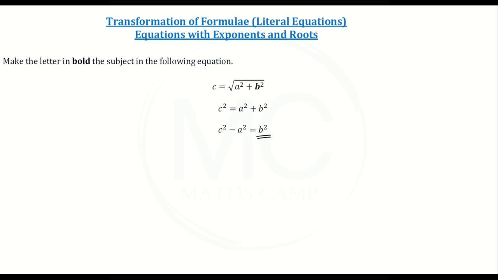So to get b by itself, we're going to root b squared, which means we root this side as well. And we're going to have the square root of c squared minus a squared is equal to b, as on the right, the square and the root cancel and we're left with b. And b is now the subject of this equation.